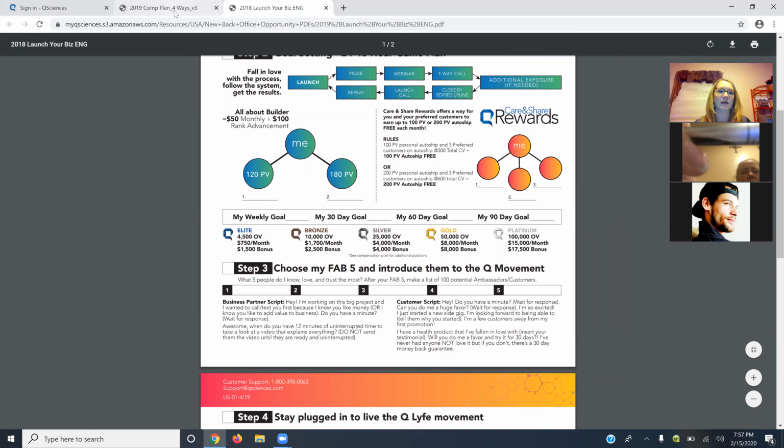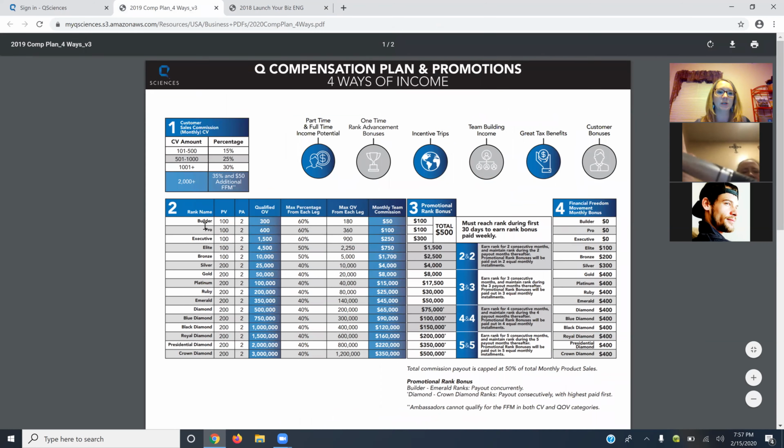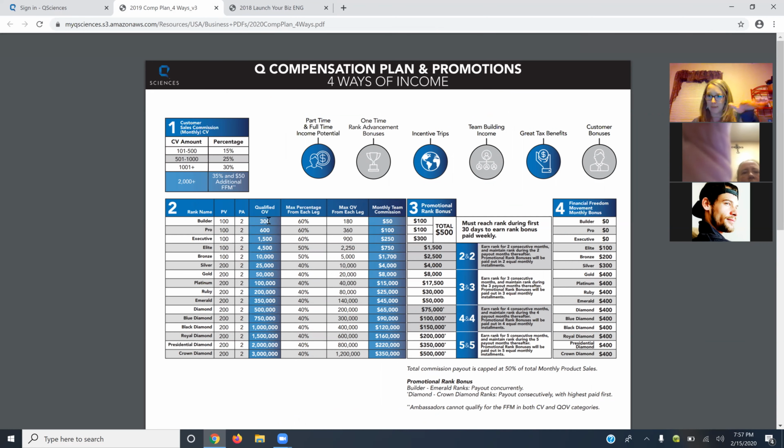Now, if you look at the comp plan at the 1st rank, it says builder, I have to order 100 in volume. I need 2 people with qualified organizational volume. So my ambassadors and their ambassadors and customers, that's what OV is, have to total in 300. I can take no more than 60% from one leg, which is 180. And if I do that, I'll get 50 bucks.